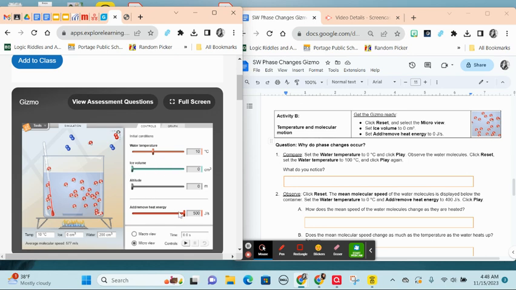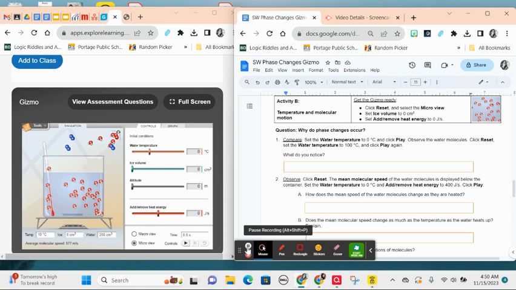And we want to set our energy to 0. So we'll go right in the middle there. Okay. So we have it set in the way that it wants us to set it.